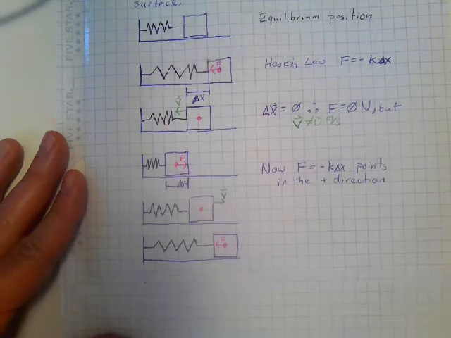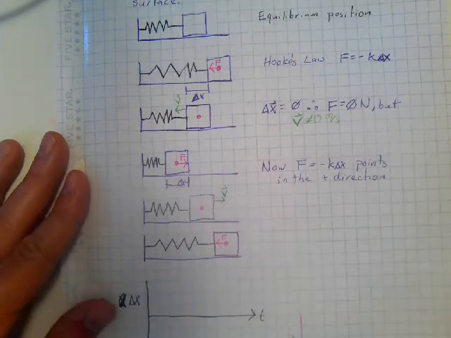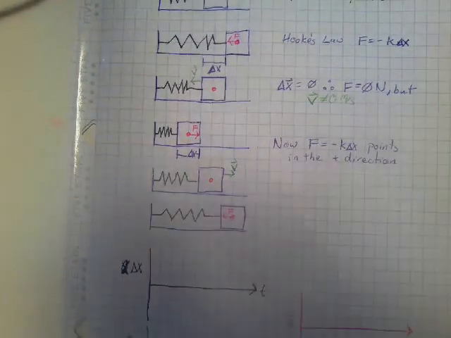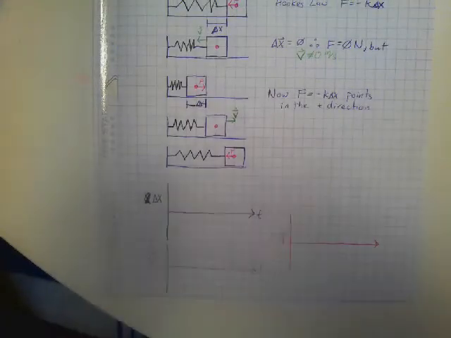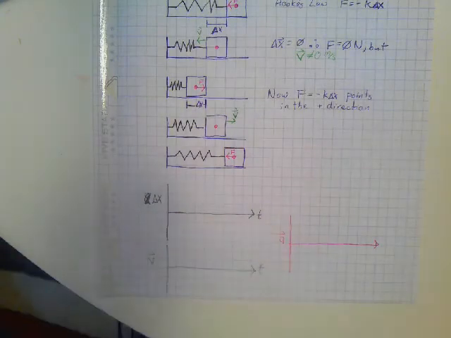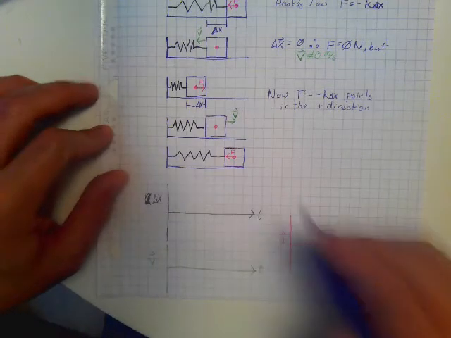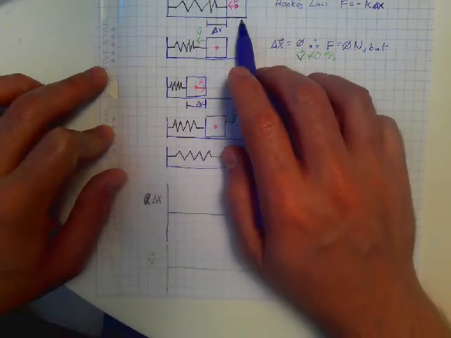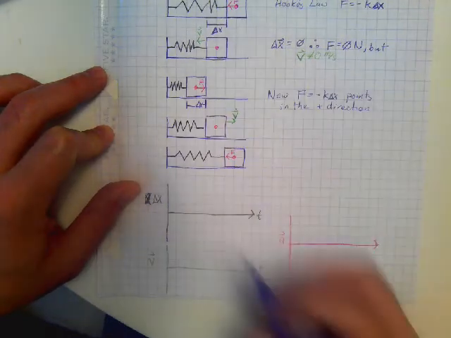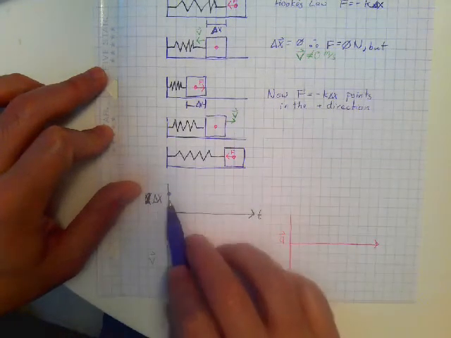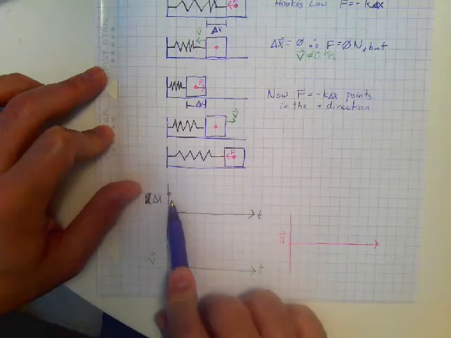So, when we take a look at this, you know what? Let's pull back here and consider some motion graphs. Sorry, the baby's babying. So, when we start out, we've got a positive displacement, right?